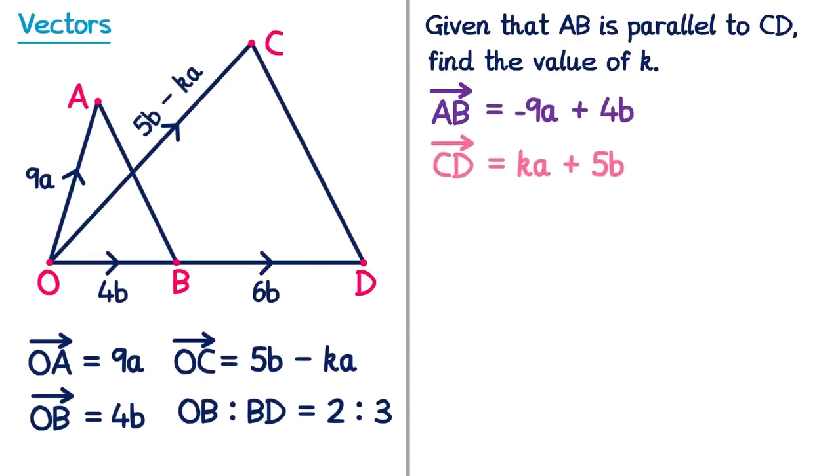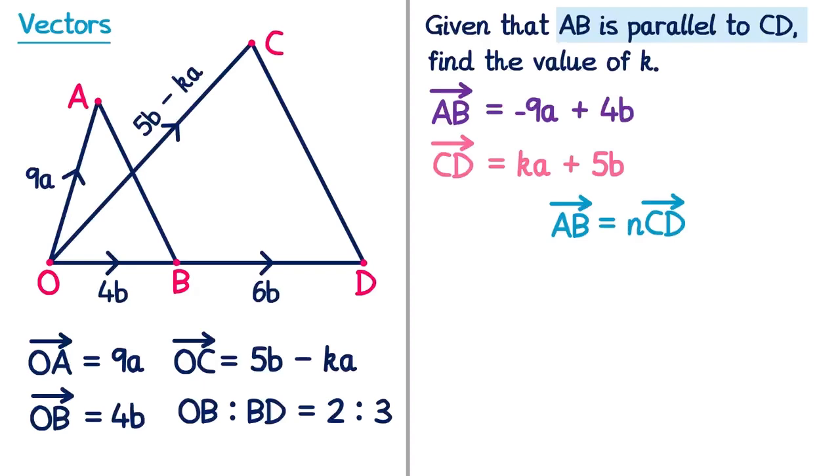Remember in the question it said that these two vectors were parallel. We know that if two vectors are parallel, one of them is a multiple of the other. Now since we don't know what the multiple is in this one, we're just going to call it n. So we could say that AB is n lots of CD, where n is some multiple that we don't know at the moment.